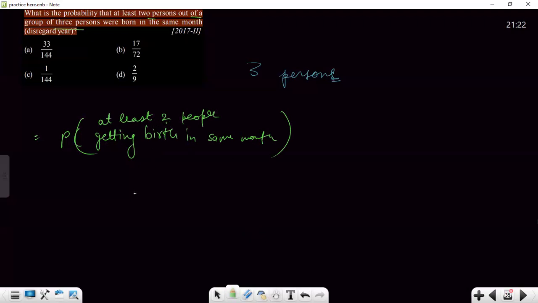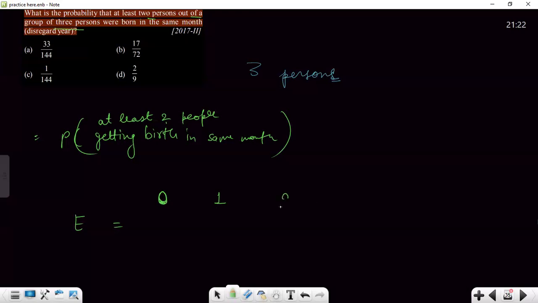Okay. So whenever we discuss an "at least" situation, we imagine the number line of events: no one taking birth in the same month, or one person taking birth in the same month. They are the same, because if only one person is taking birth in a particular month, the event is still not happening.